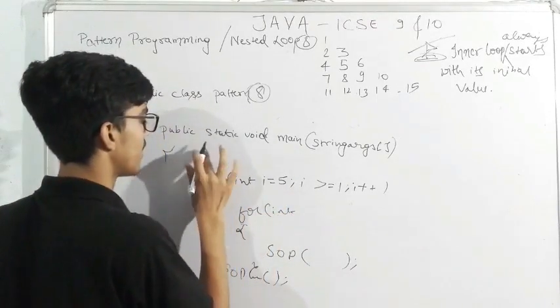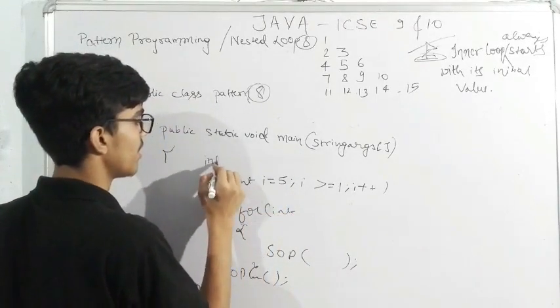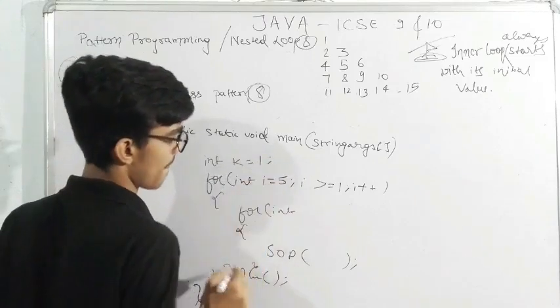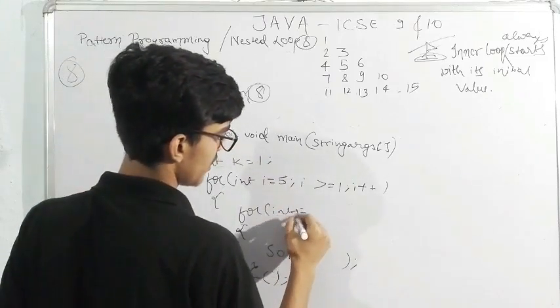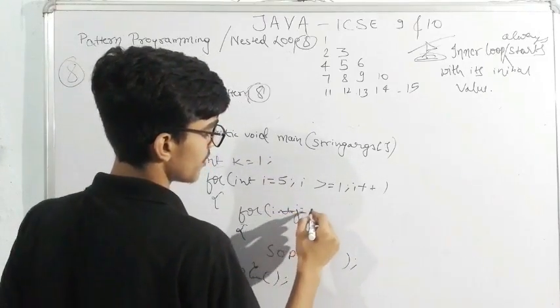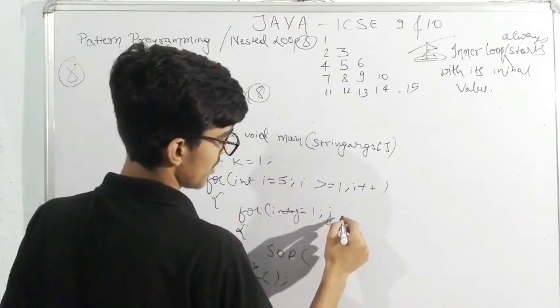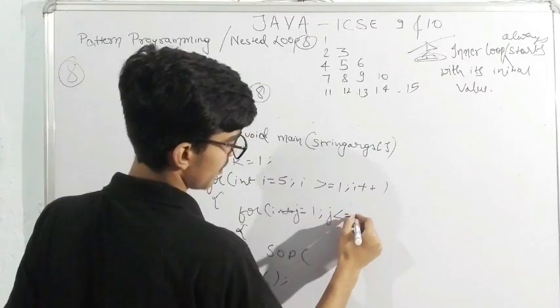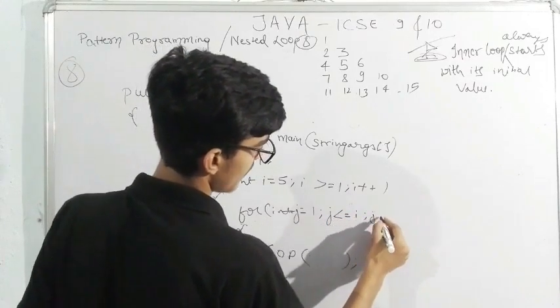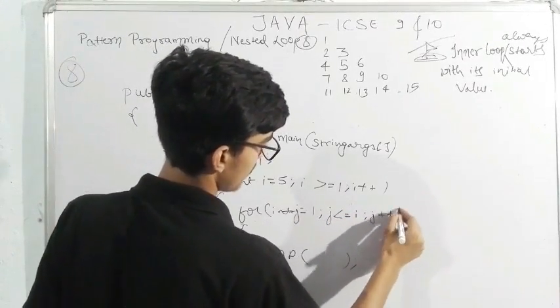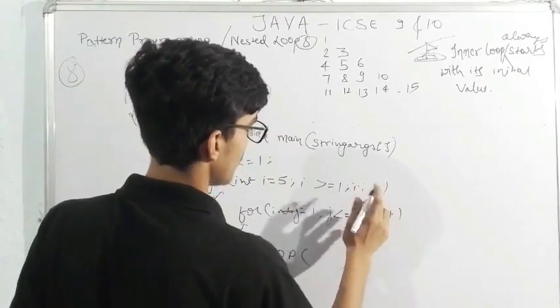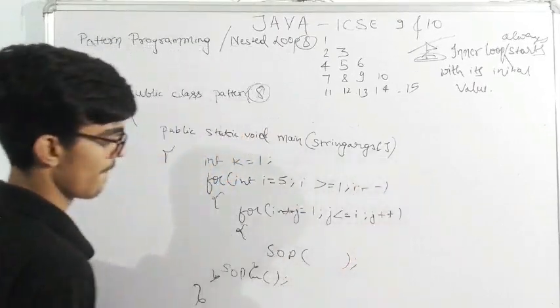We'll declare an int k is equal to 1. Then for j is equal to 1, j is less than or equal to I, j plus plus, I minus minus.